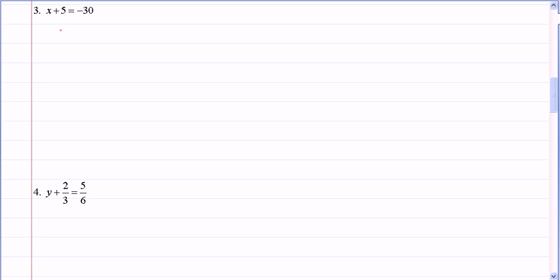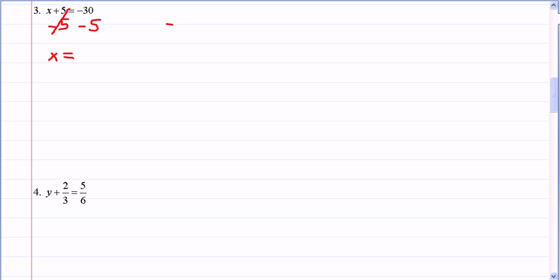For number 3, x plus 5 equals negative 30. We want to solve for x but there is a 5 that's being added. So we subtract 5 from both sides so that we can isolate the variable x, and we're left with x equals negative 30 minus 5.